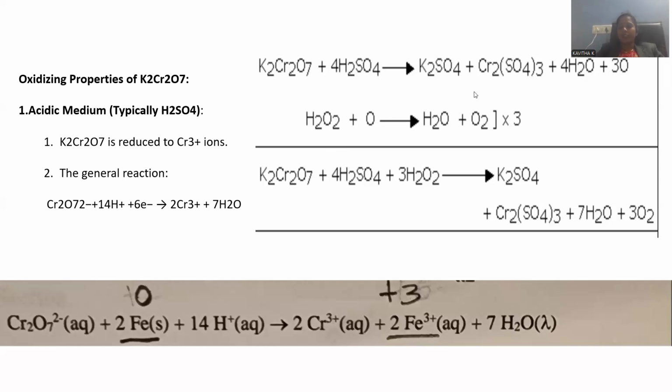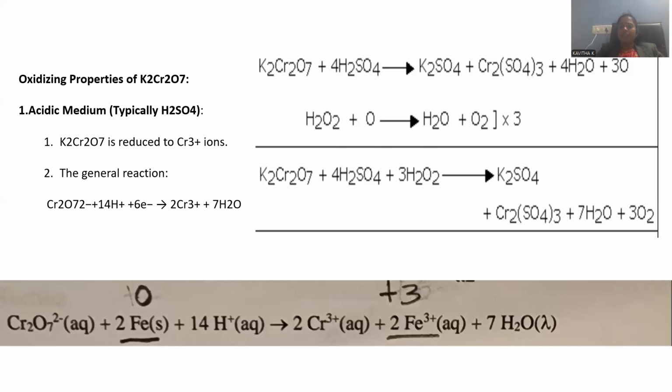Molecular oxygen release is also the kind of redox reaction we can notice. In this reaction, potassium dichromate is the oxidizing agent, and hydrogen peroxide, H2O2, is converted into H2O. Let me count the oxygens over there.